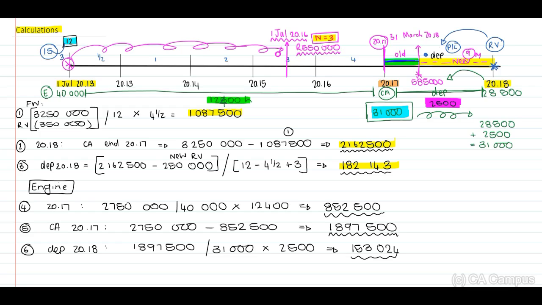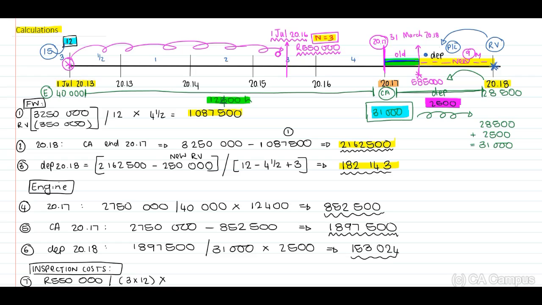Therefore, let's start with calculation number 7 at the bottom, guys. This is my inspection costs. Calculation 7. I know that first inspection 550,000. Divide this by 3 years, therefore 3 times 12. I prefer to work in months, guys.